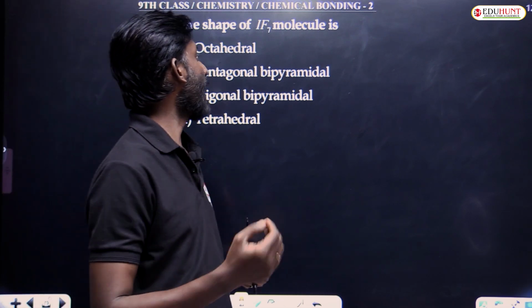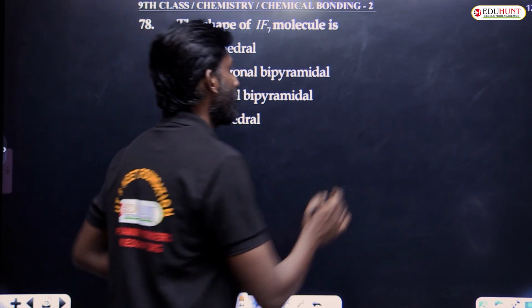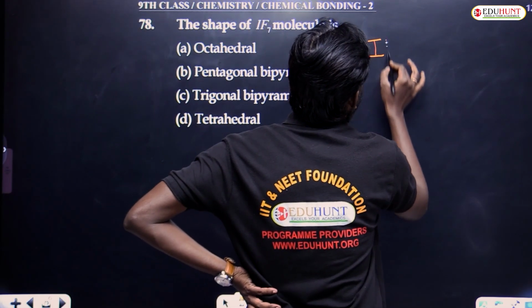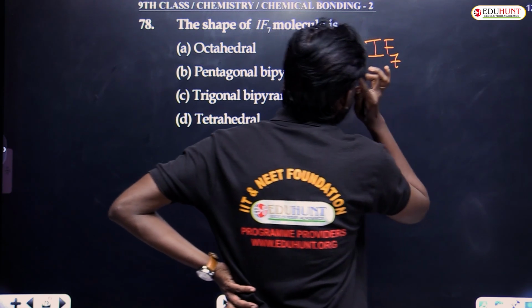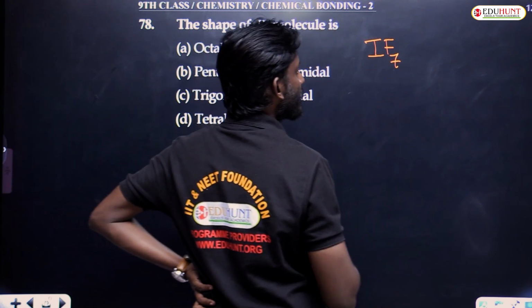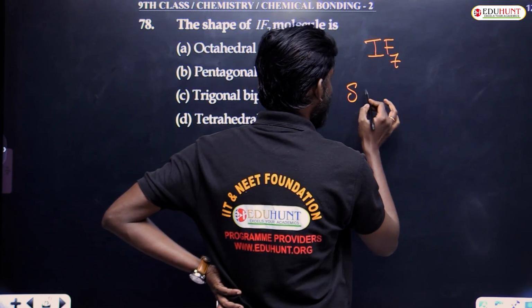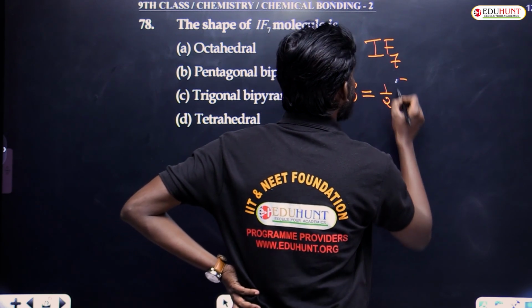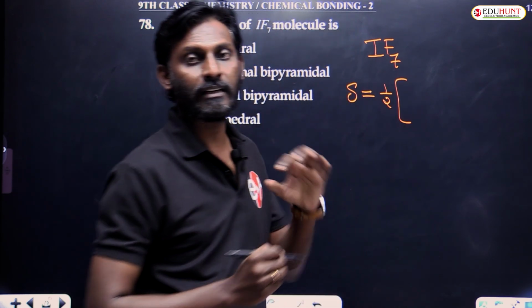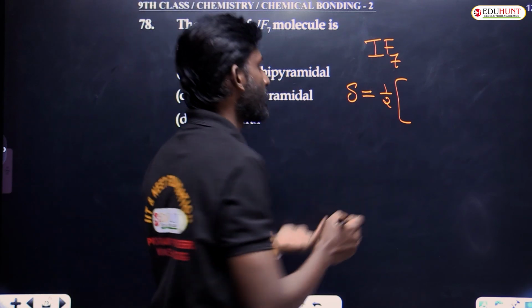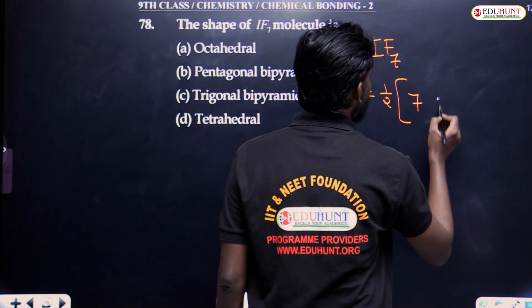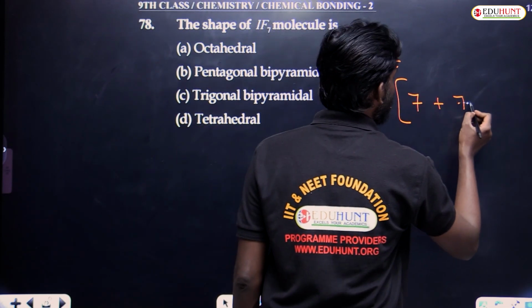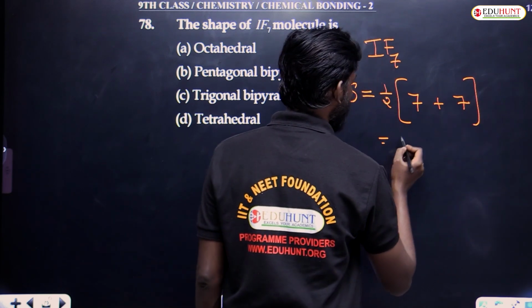Next question number 78. The shape of IF7 molecule. Here the point is, it is a neutral molecule. Calculate steric number. S is equal to 1/2 times the number of valence electrons in halogen, iodine is 7, plus 7 monovalent atoms. So 14/2, it is 7.